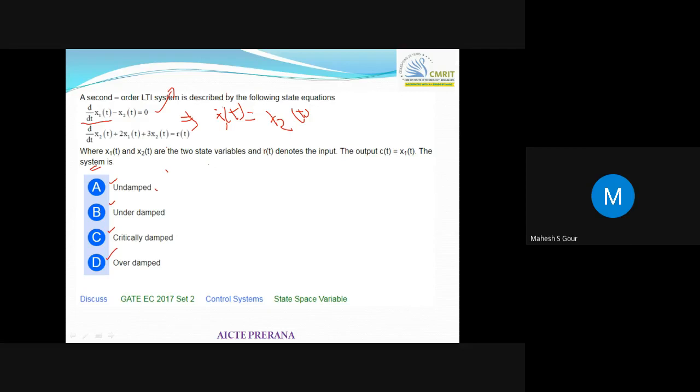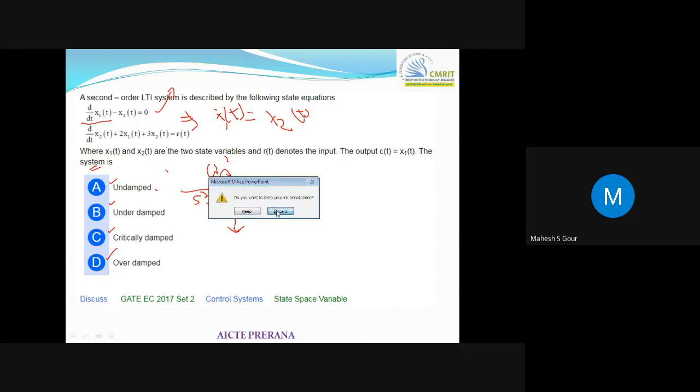We have a second order function, omega n square divided by s square plus 2 zeta omega n s plus omega n square. So this was the second order transfer function, right? Zeta is used to define whether the system is undamped, underdamped, critically damped, or overdamped.